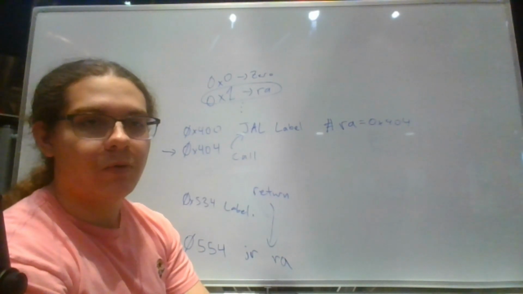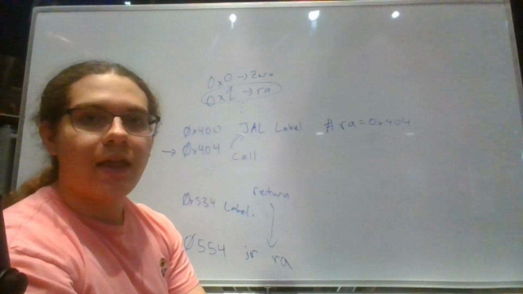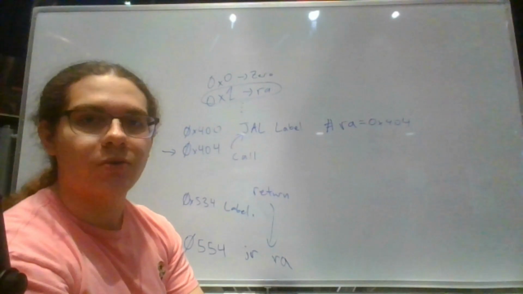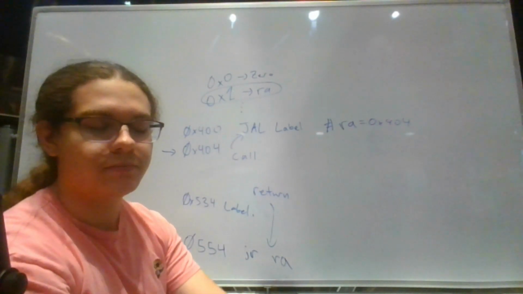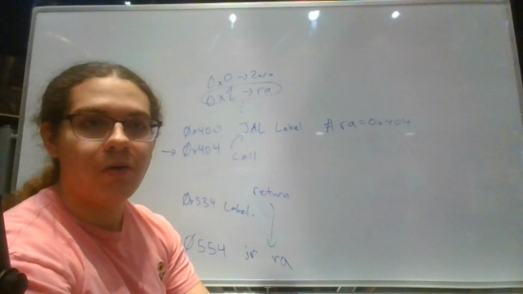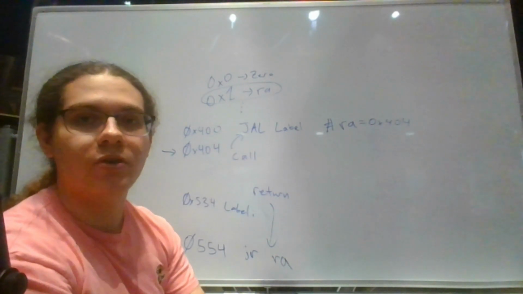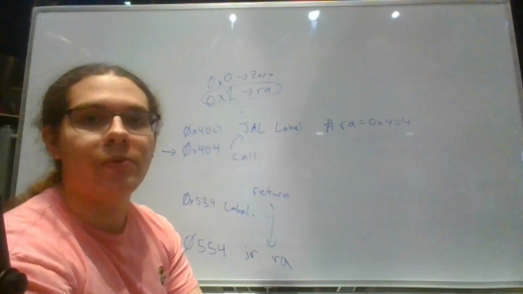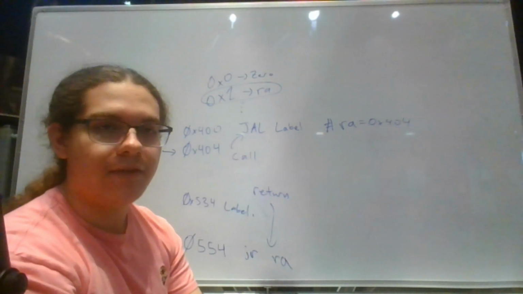So generally speaking, whenever you're using an S register, that is what you call callee saved. Callee is the function that you're calling, and it has to save a register value on the stack before it's allowed to use it. So it has to save a bunch of values, and then it can use that register and then restore it right before it returns. So that's why it's called saved.